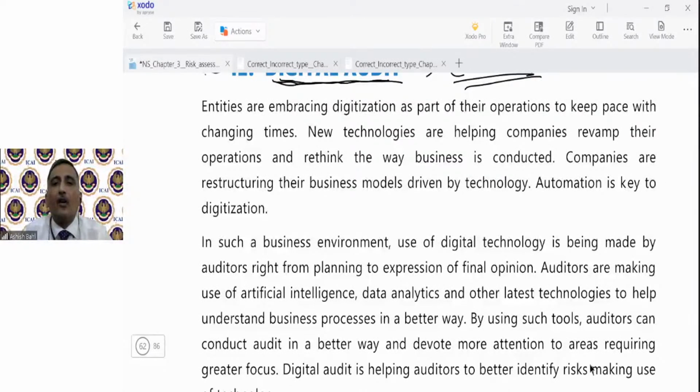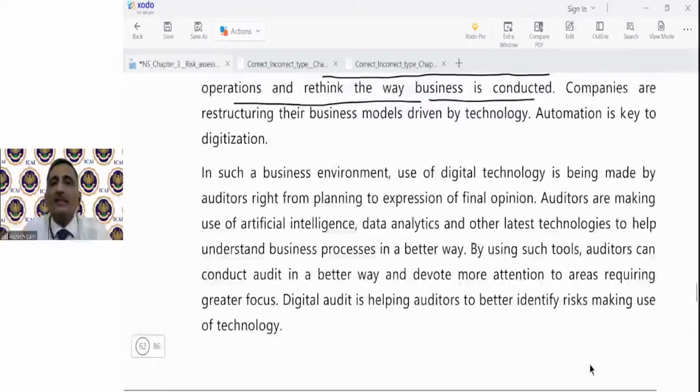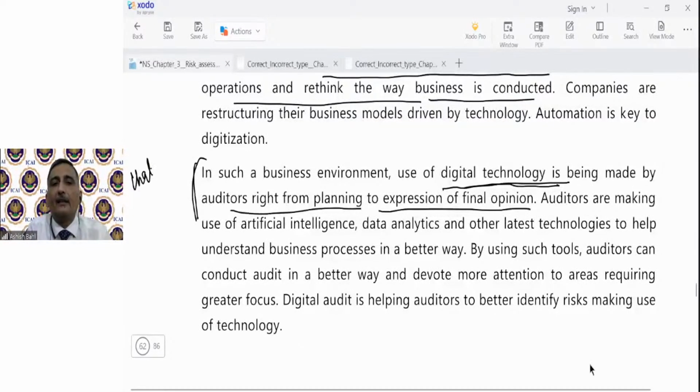So we'll see what is written in your module. Entities are embracing digitization as part of their operations. New technologies are helping companies rethink the way business is conducted. So in such a business environment, use of digital technology is being made by the auditor right from planning to expression of final opinion. Now that is the key thing.